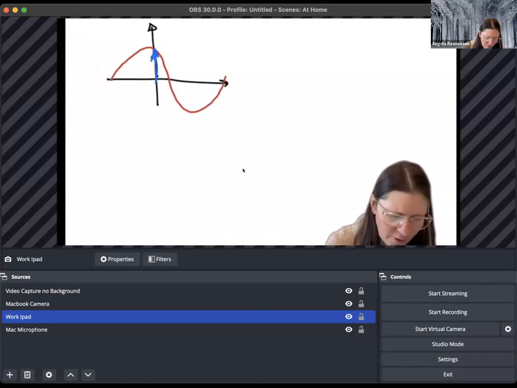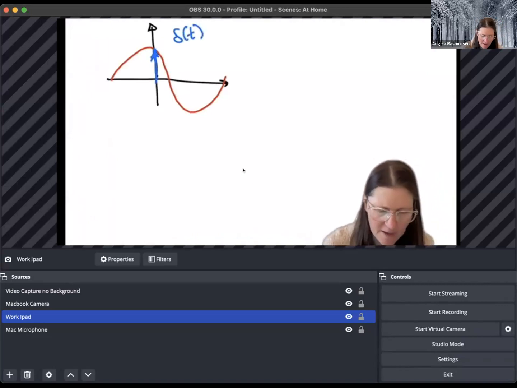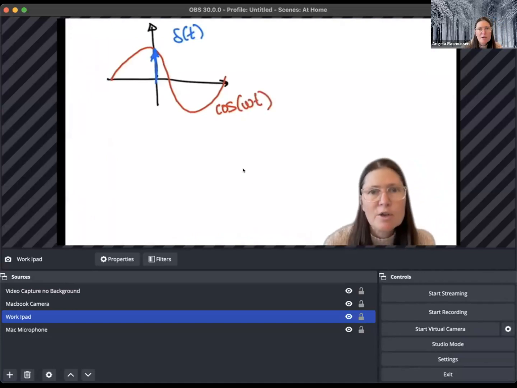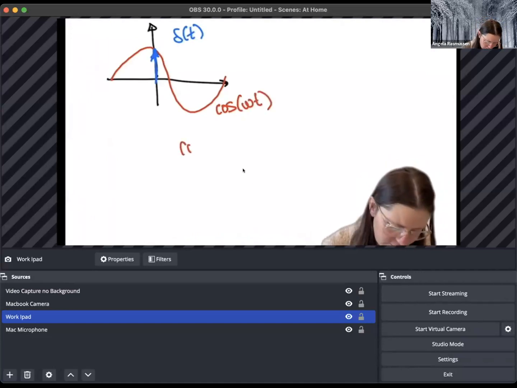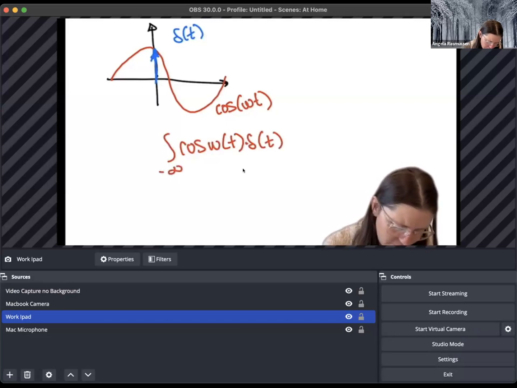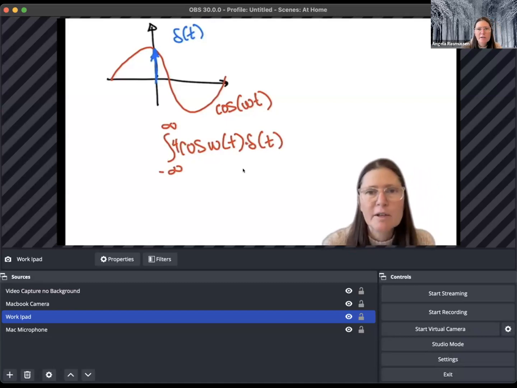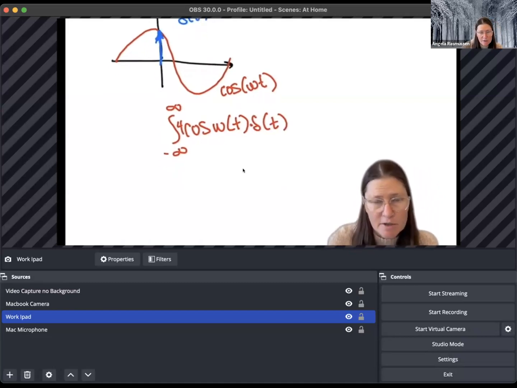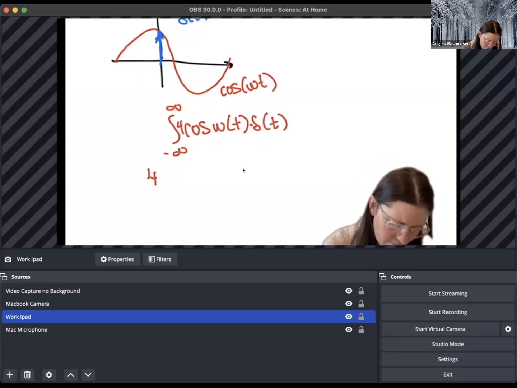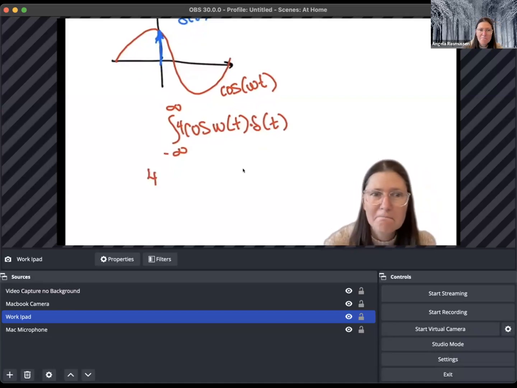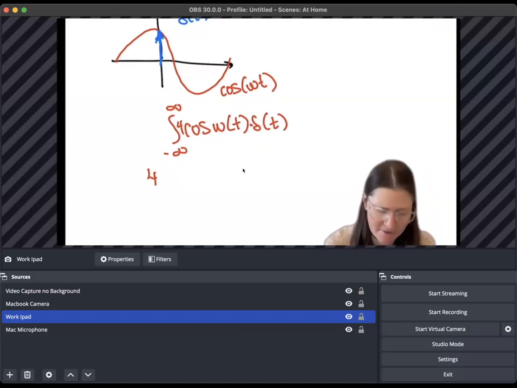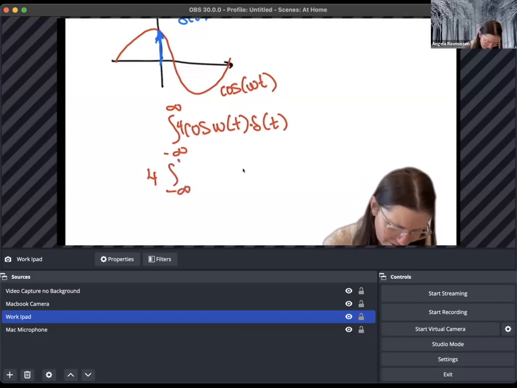So I have a delta function and I have some cosine omega t function. If I multiply these two together and integrate them, and say this is 4 cosine, the 4 comes out, right, as far as the integration. Right, Lawrence? Yeah. Okay, just want to make sure you're still following me.